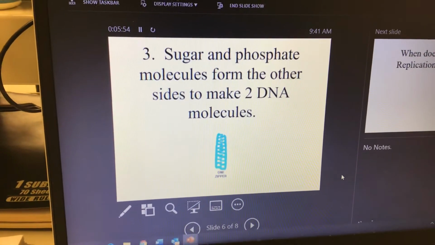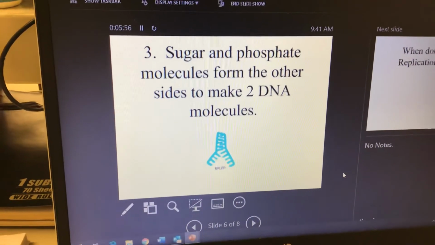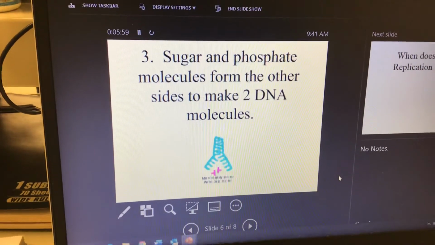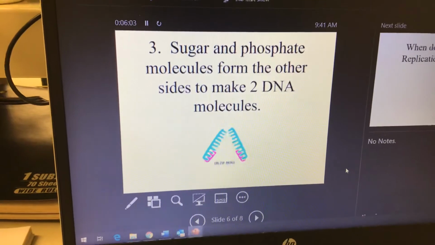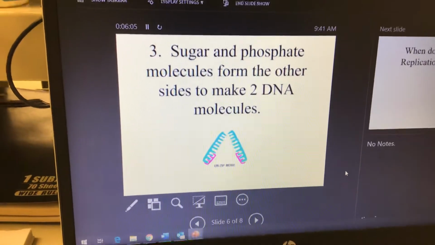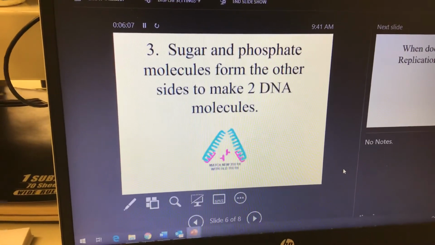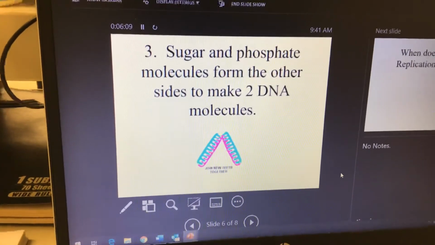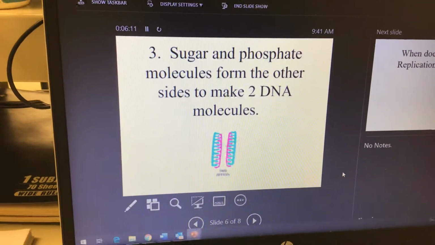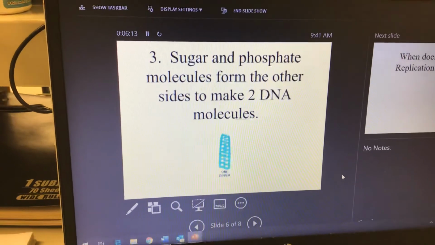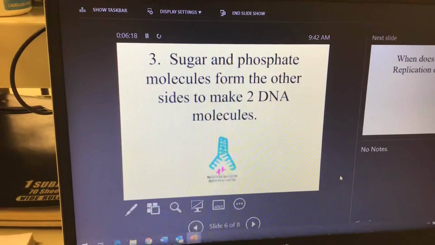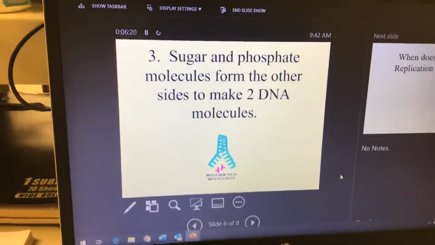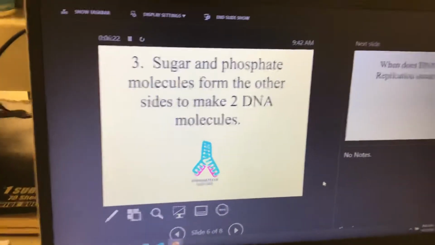You see the zipper, it unzips, it fills in the extra parts, the spare parts, continues to unzip, and pretty soon you end up with 2 new pieces. So it's pretty simple.